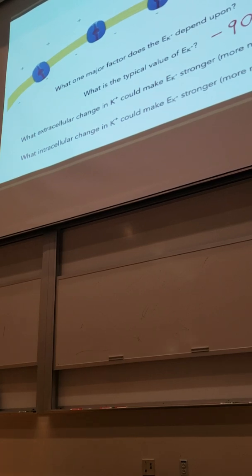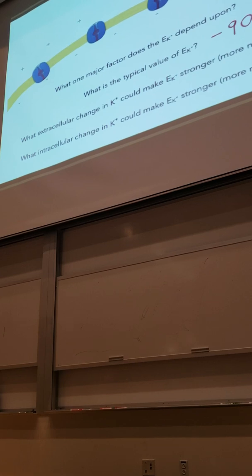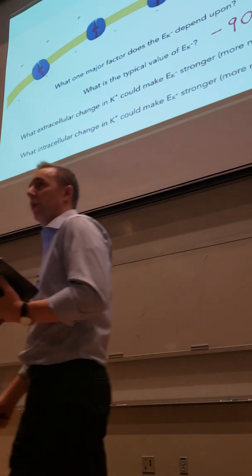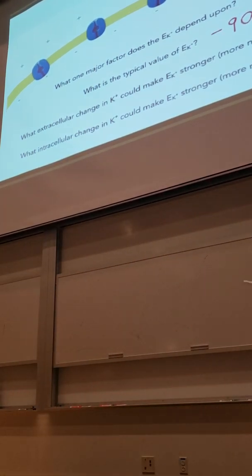So, what could make this equilibrium potential stronger, though? And by stronger, I mean further from zero, in whichever direction we're talking about. How could you make an extracellular change in the potassium concentration to make this stronger? Yeah.